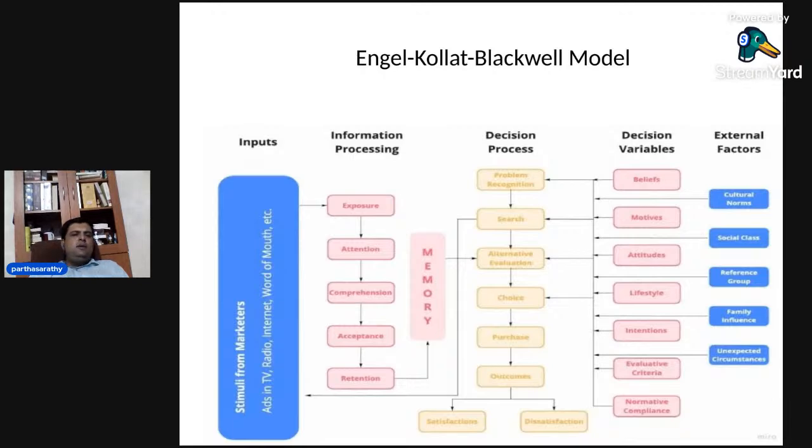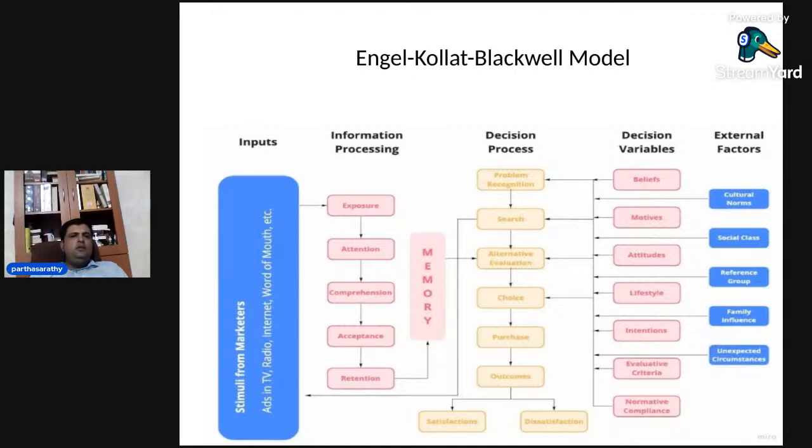So stimulus from the marketers, that is ads on TV. Of course, if you have seen an advertisement over a period of time, that may not create much curiosity in the mind. But if you see a particular product for the first time, the brain receives the stimulus.